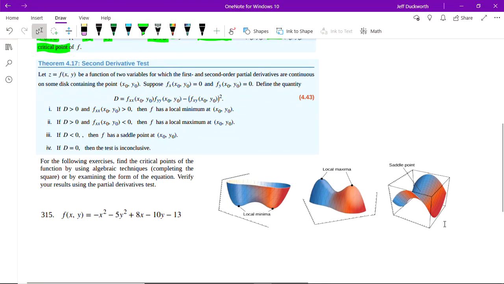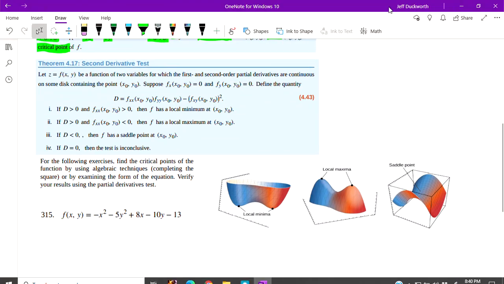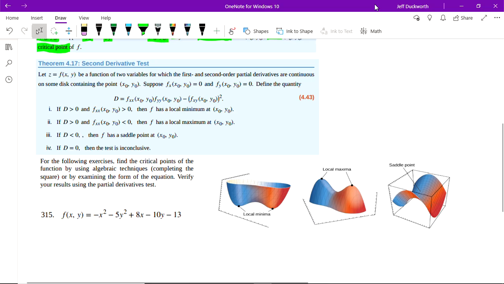So the second derivative test is going to work in a very similar fashion to what you would have learned in Calculus 1. First of all, we're finding the second derivative, and this is what we're doing here.